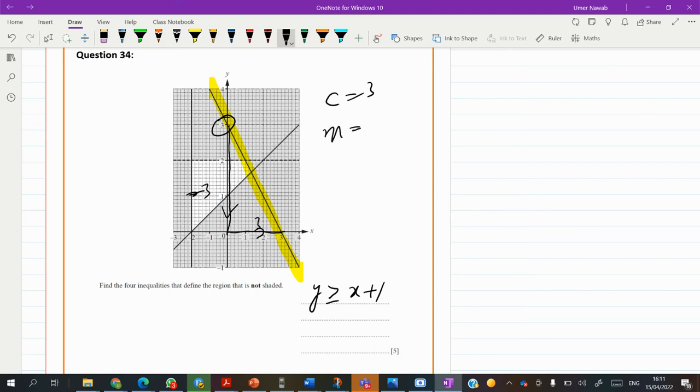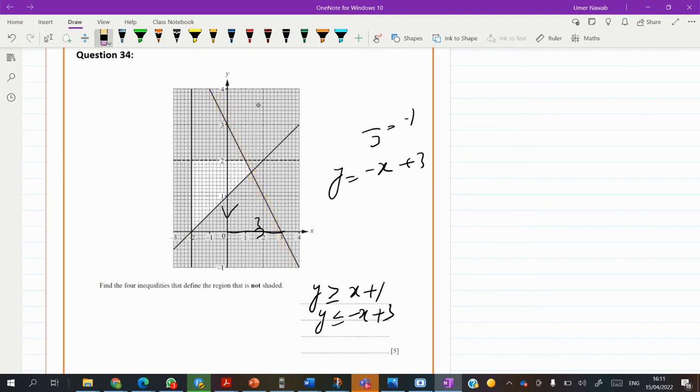So m is minus 3 over 3, which is minus 1. So y is equal to minus x plus 3 is the equation, and the wanted portion is below again. So y is less than or equal to minus x plus 3. This is also done. So till now I have completed the two lines.